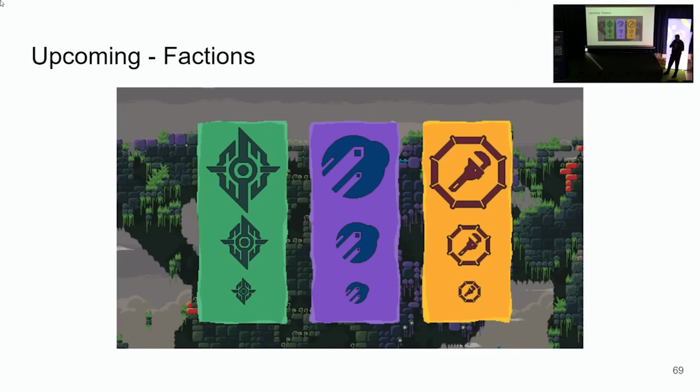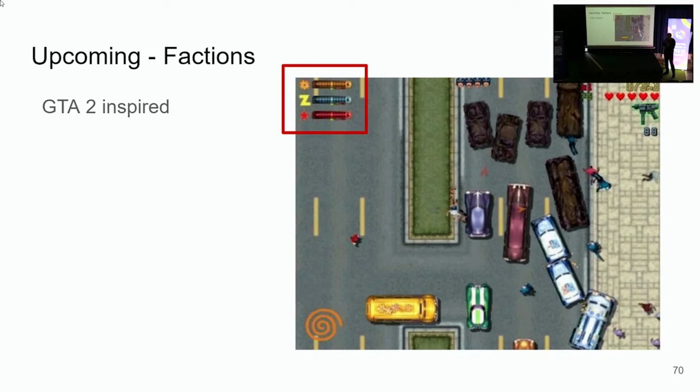But then I talked with Ott. We had a development discussion, and he gave me a great advice: GTA 2. GTA 2 did something really great that the previous GTA didn't. They had factions.